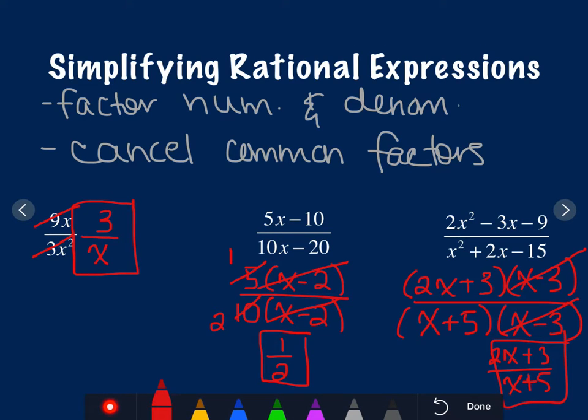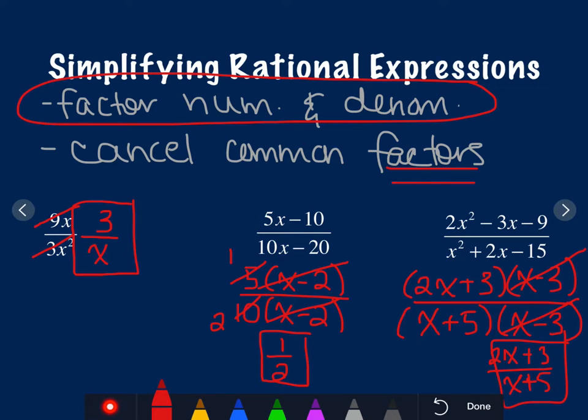Again, the most important thing to remember is we need to factor the numerator and denominator. I can only cancel common factors. I cannot cancel common terms. Remember the difference between a term and a factor. A term is something that's being added and subtracted, and a factor is something that's being multiplied.